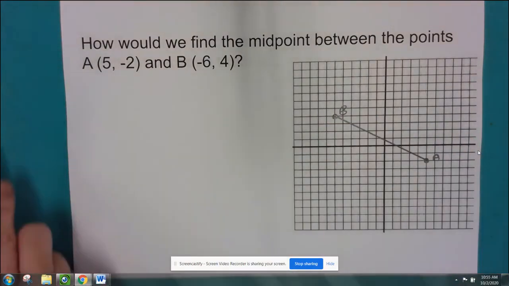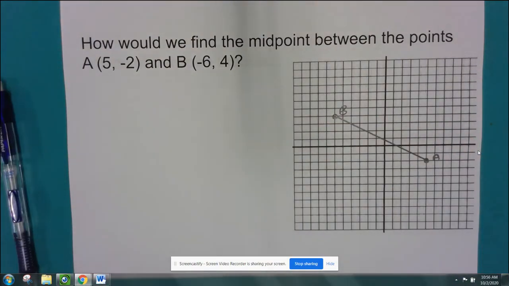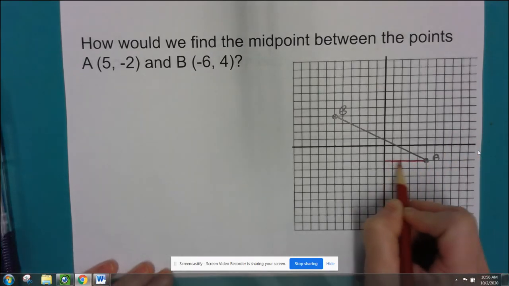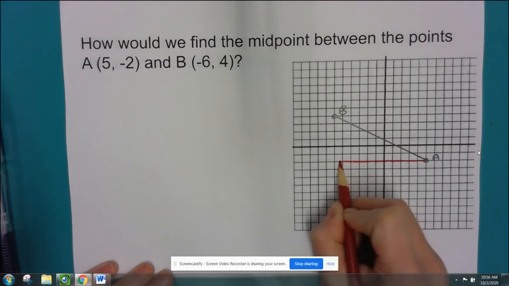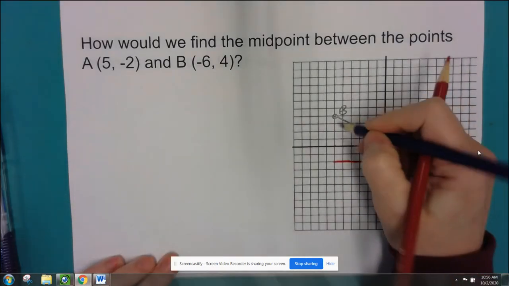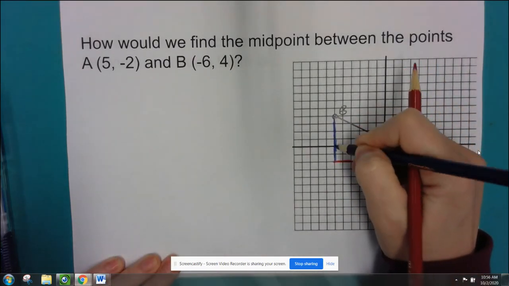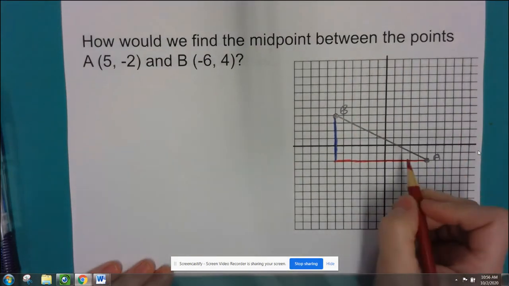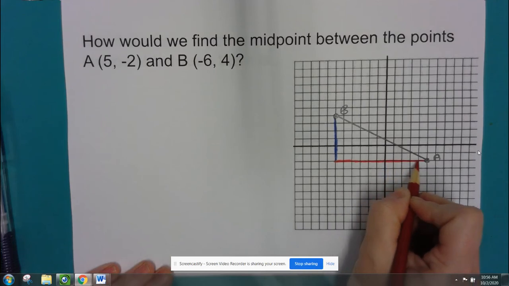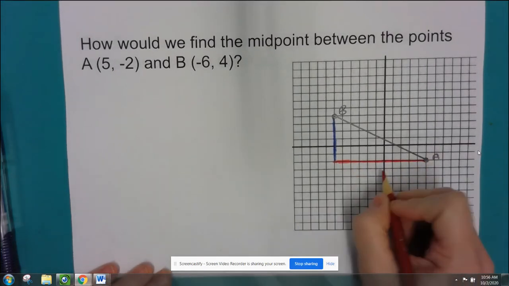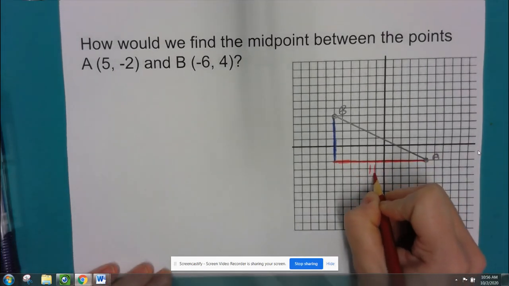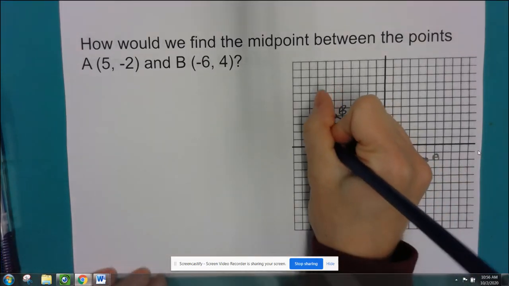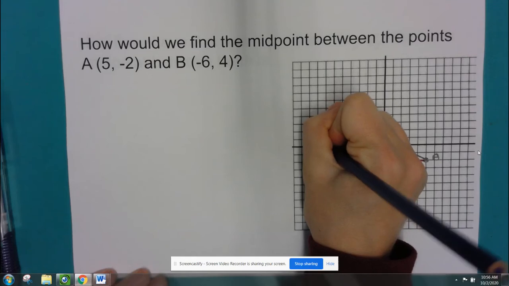So there's A and B. The first way we're going to do is very similar to what we did the other day when we were finding distance. So I'm going to make myself my triangle, and I'm going to figure out the vertical and the horizontal distance. If you count how many spaces there are here, there's actually 11 spaces horizontally and 6 vertically.